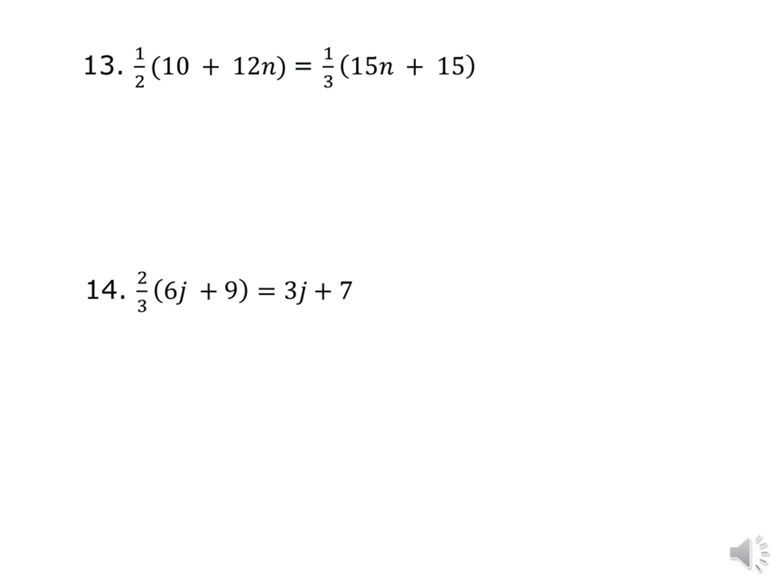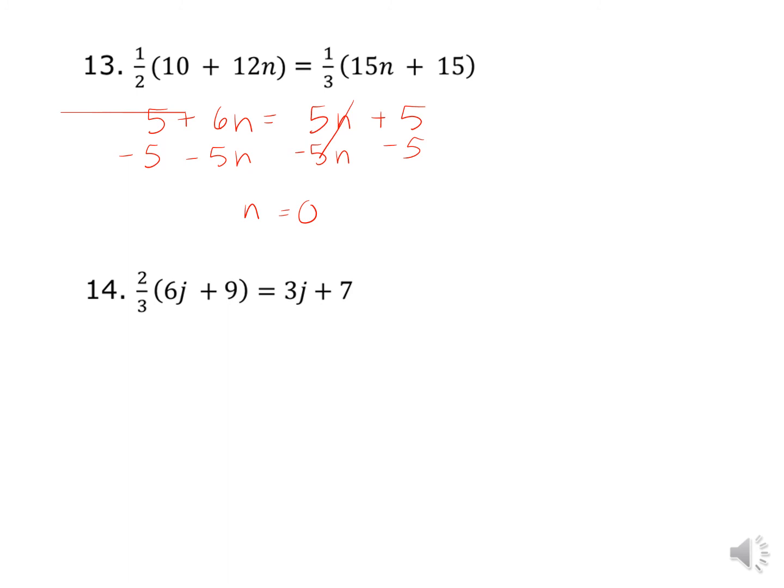Up here we take a half of 10 is 5, plus a half of 12n would be 6n. A third of 15n is 5n, and a third of 15 is 5. So I can see I have different numbers of n's, so I'm going to move the smallest number over, and I get n, and then I'm going to subtract this 5 over here, and I get n equals 0.